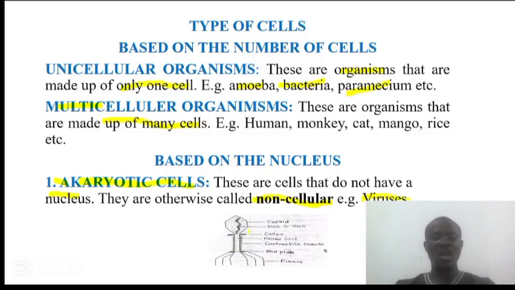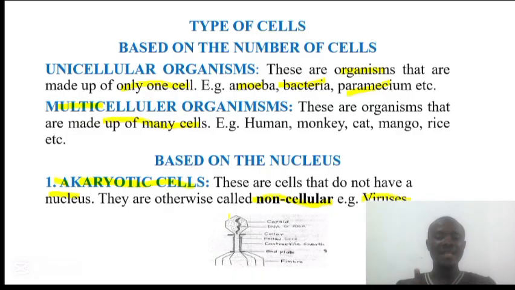Below here, we have a bacteriophage. A bacteriophage is a virus that causes disease in bacteria. In other words, they infect bacteria. Just like some bacteria cause disease to us, viruses also, which we call bacteriophages, cause disease to these bacteria.